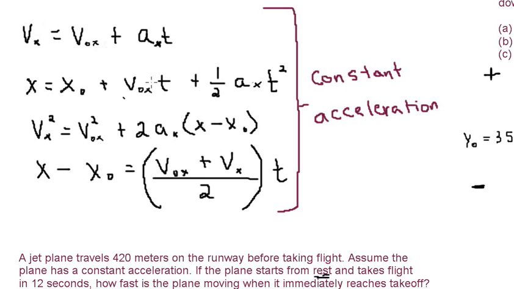We can use this kinematic equation to solve for the acceleration, and after that you can use another kinematic equation like this one right here to figure out the final velocity. Or you can even use this kinematic equation up here, which is easier, to find the final velocity. I'm going to start with this formula to find the acceleration.